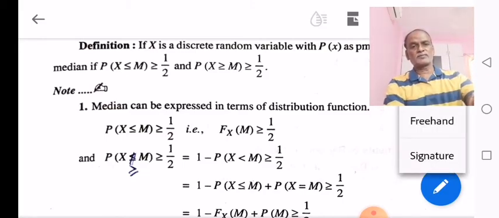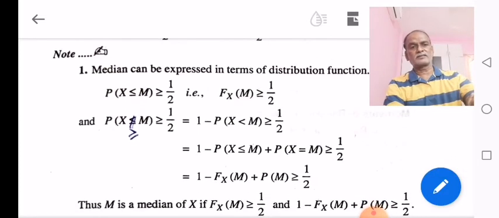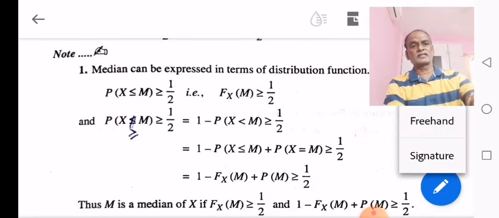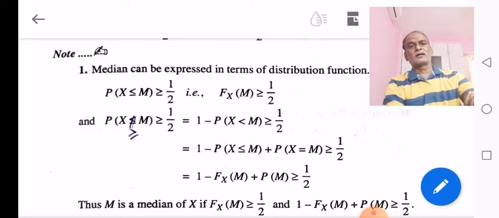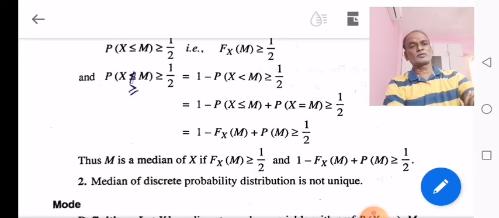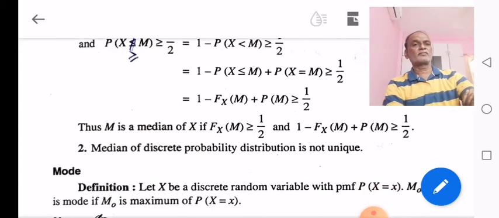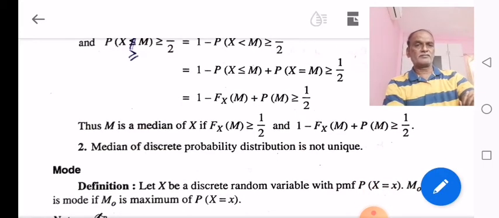So this is 1 minus probability of X less than or equal to m, plus probability of X equal to m, since the inequality is not there, we are taking that one. This can be written in the form of the distribution function: 1 minus F of m plus probability of X equal to m must be greater than or equal to half. If both conditions are satisfied, then we say m is the median.